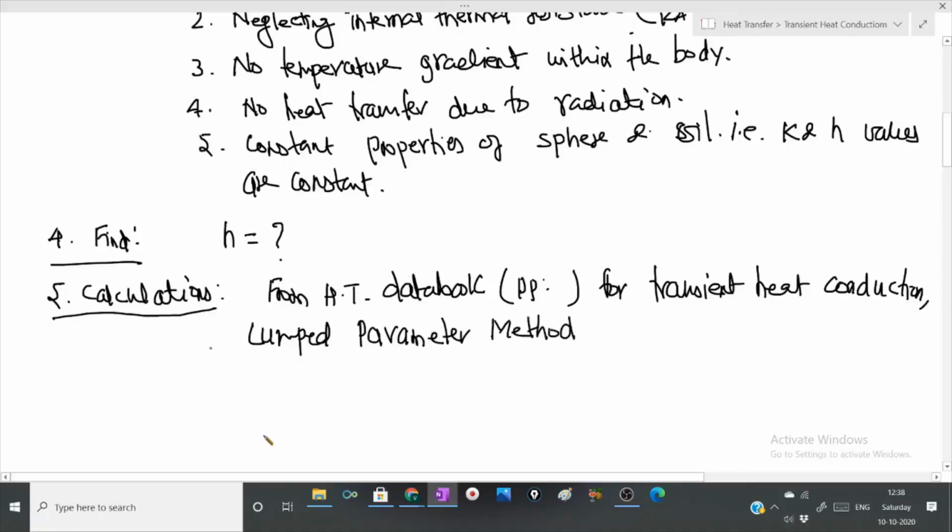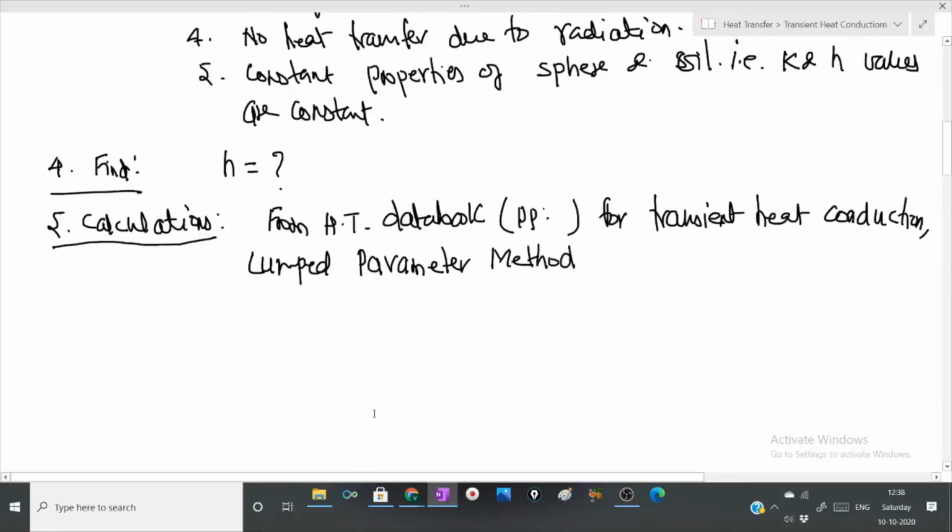And what is the equation for the lumped parameter method? I am using notations differently. T minus T infinity over Ti minus T infinity. The formula is the same, only the notations are different.